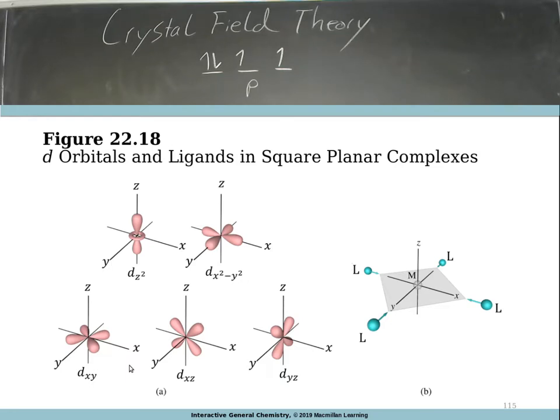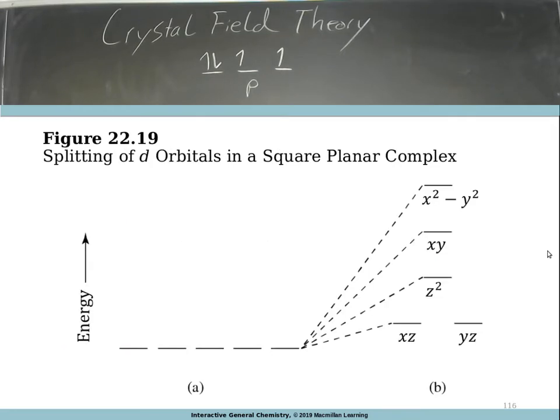The dz squared has most of the electron pointing up and down the z-axis, but there is that donut, which is just making the rounds in that xy plane and visiting each of the 4 ligands. And then the xz and the yz are largely pointing away from those ligands. And so the d orbitals are going to split in this fashion for square planar complexes.